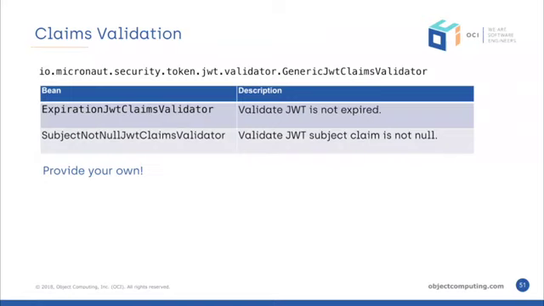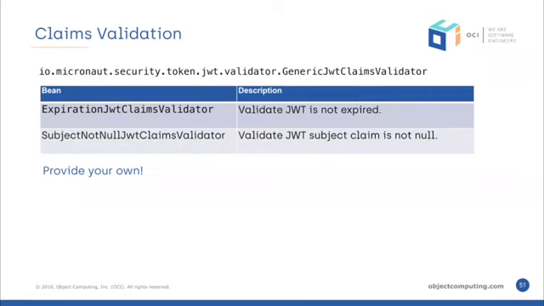Once you have verified the signature, we have one kind of bean called the generic JWT claims validator, of which right now there are two beans. One is the expiration JWT claims validator, and another is the subject not null validator. The first checks that there is a claim for the expiration and that the JWT token is not expired, and the other checks that the subject claim is not null.